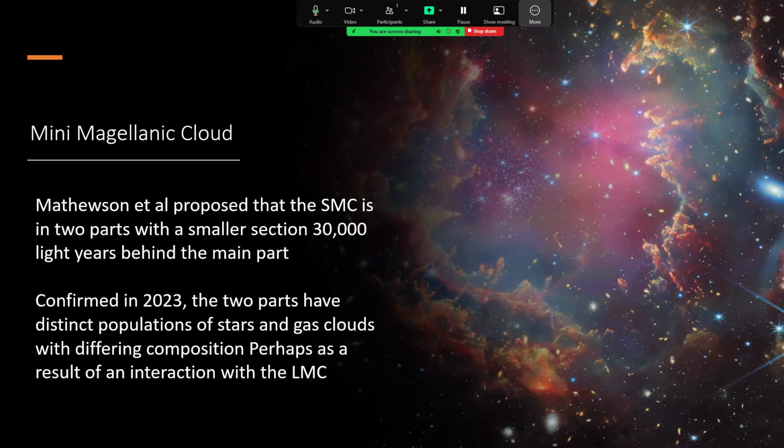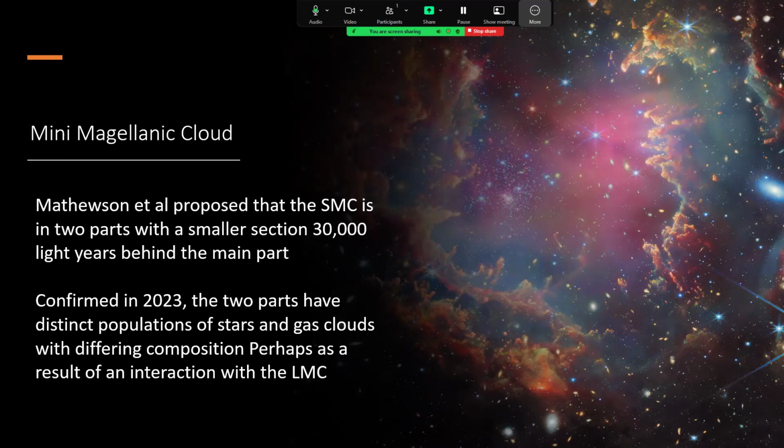And this was confirmed in 2023. The 2 parts really have distinct populations of stars with separate age functions and separate chemical composition ratios, and so does the gas that goes to make them up. And so these really are 2 separate clouds, 2 separate dwarf galaxies.